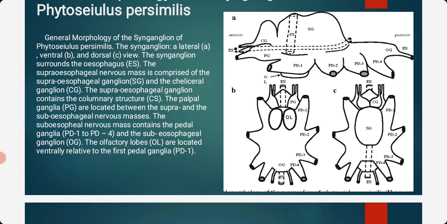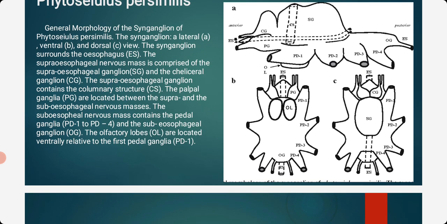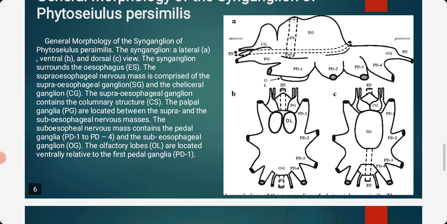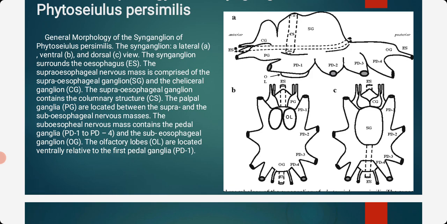And then the supraesophageal nervous mass is comprised of the supraesophageal ganglion or the SG. Sa lateral view makikita natin yung SG sa upper part of the AS.